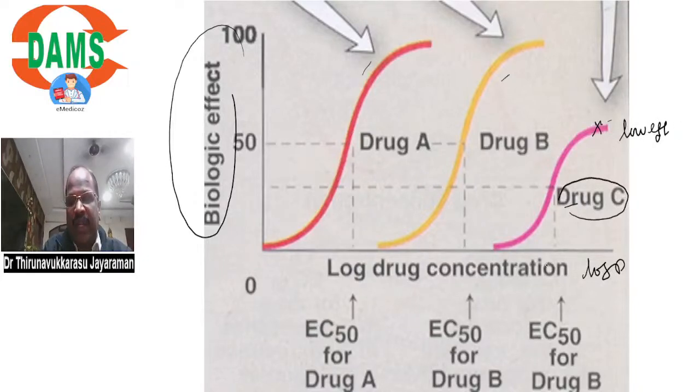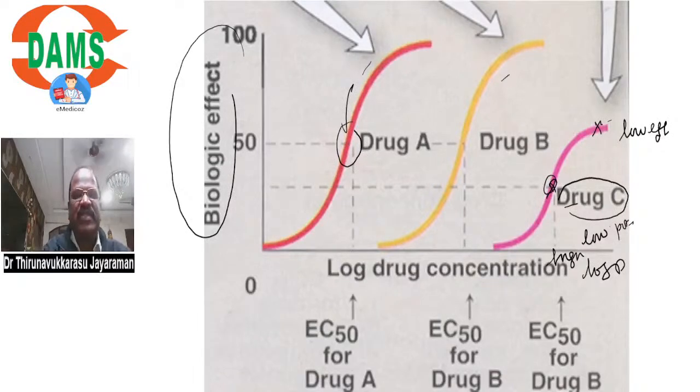And only at a high dose does it produce a response, that means low potency. Among these three, the most potent drug is drug A. Drug A and drug B have equal height, that means equal efficacy.